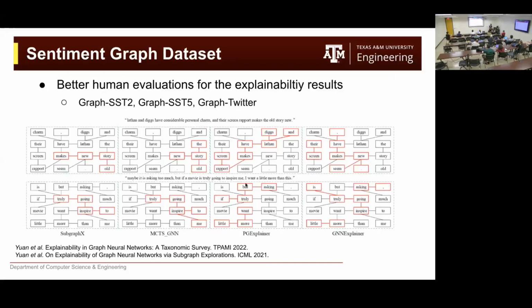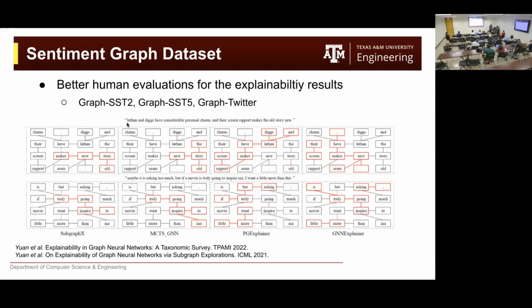Okay. So here we also propose the graph sentiment dataset, which is transferred from the text classification datasets. In this dataset, each graph is a sentence, and this sentence expresses positive or negative opinions about a movie.